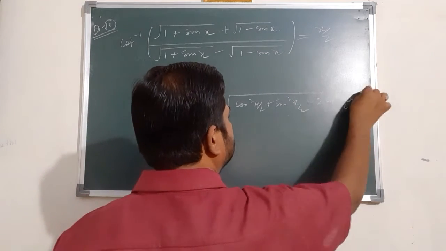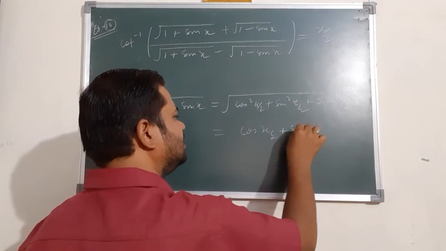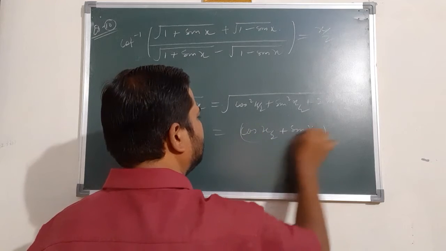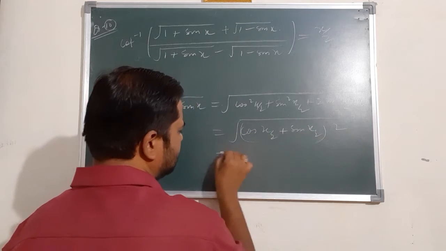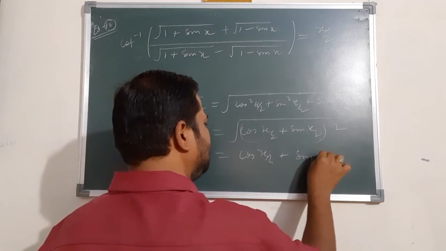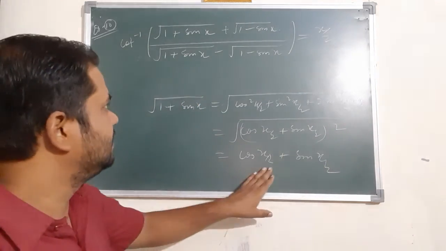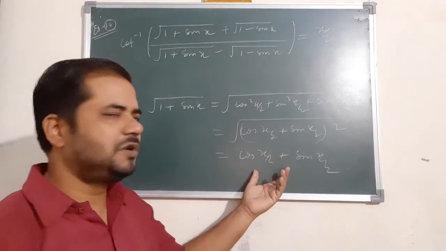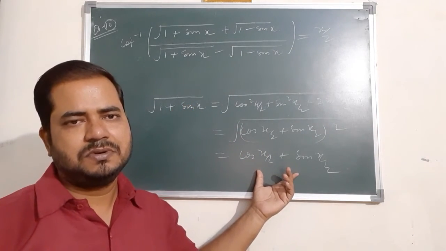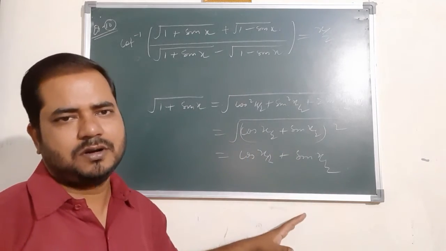You know very well this one, okay? And if you write, this is cos x by 2 plus sin x by 2 whole square within square root. So simply it is cos x by 2 plus sin x by 2, okay? If you write it like this, then 1 minus sin x is nothing but cos x by 2 minus sin x by 2, or sin x by 2 minus cos x by 2, whatever you want, okay?